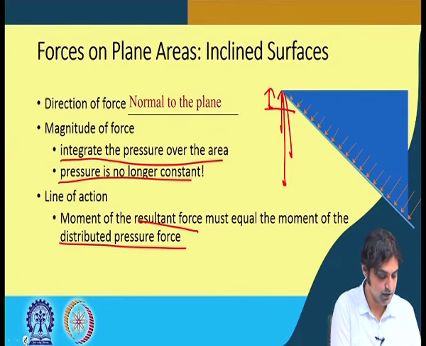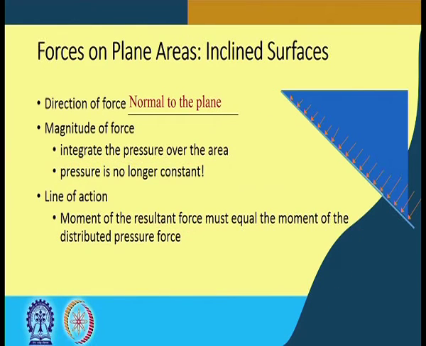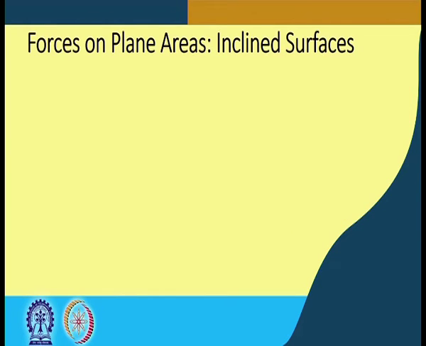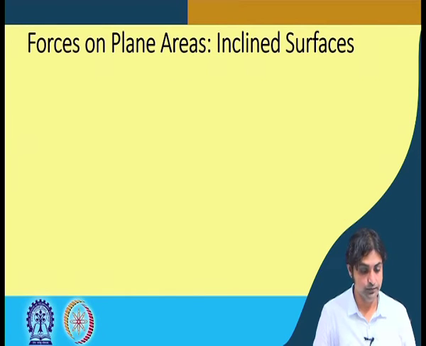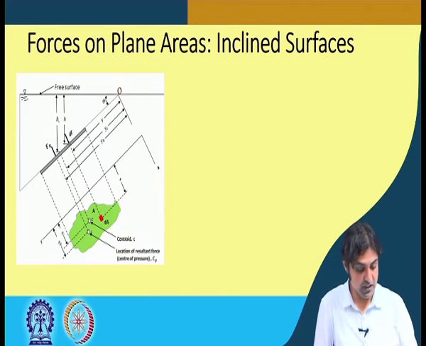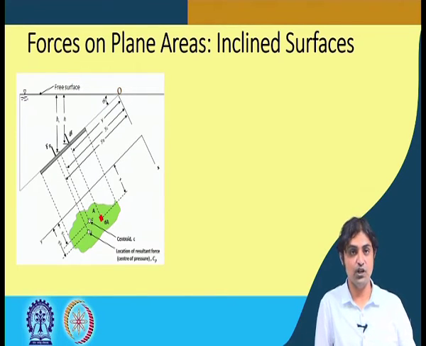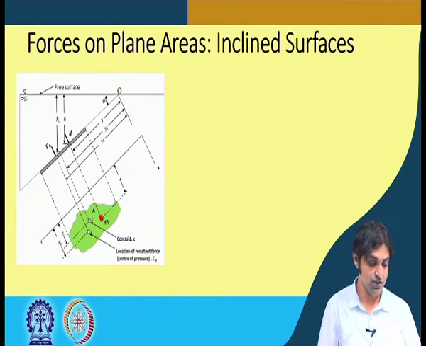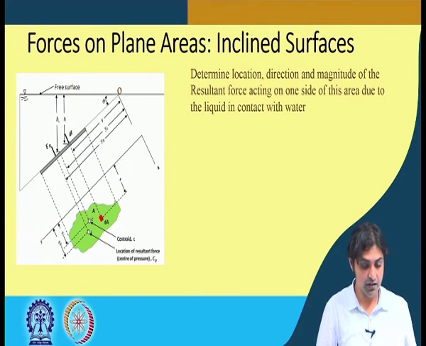So, I will just erase all ink on this slide. Good. So, forces on plane areas. This has been taken actually from Munson, Young and Okiishi, the derivation. But I will explain one by one what those things are.